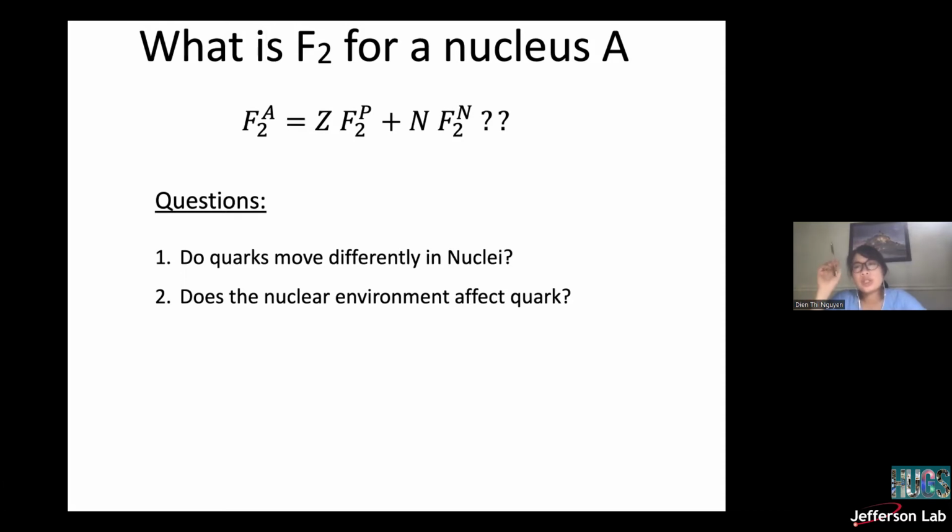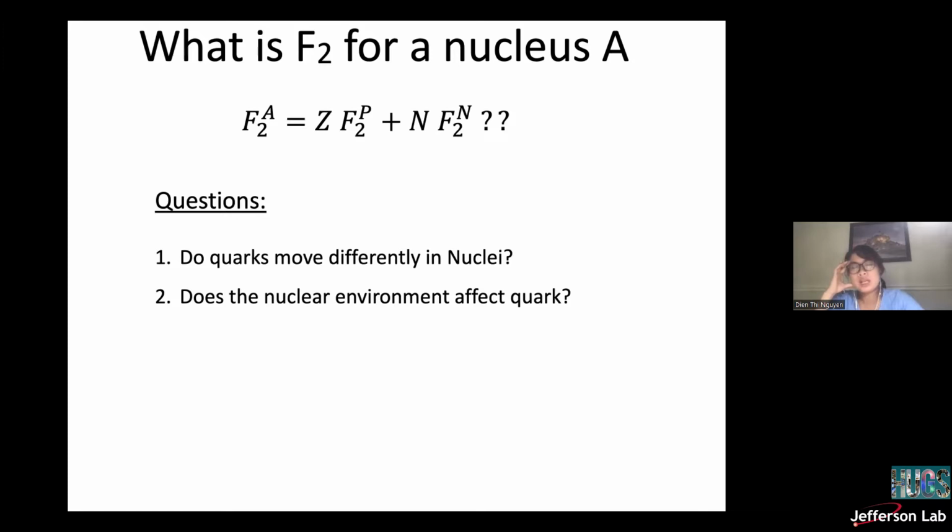So now the question you will have in your mind is: what is the F2 structure function of a nucleus A? Is it just the sum of the F2 from the proton multiplied by the number of protons, plus the F2 from the neutron multiplied by the number of neutrons? This is the question we want to ask.